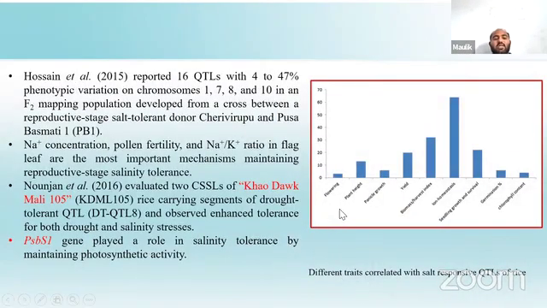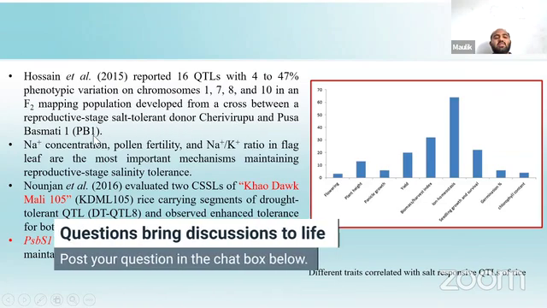So these are the different traits which are correlated with salt responsive QTL. Iron homeostasis is highly correlated with salt tolerance in rice. Hossain et al. reported 16 QTLs with 4 to 47% phenotypic variance on chromosomes 1, 7, 8, and 10 in an F2 mapping population developed from a cross between the reproductive stage tolerance donor Chiru Verupi and Pusa Basmati 1.